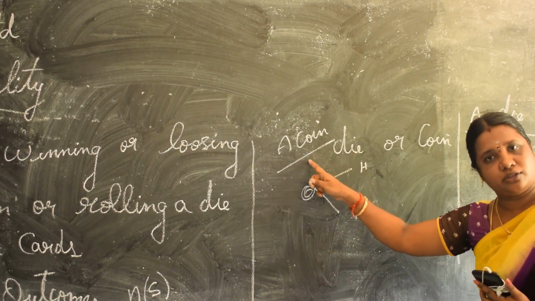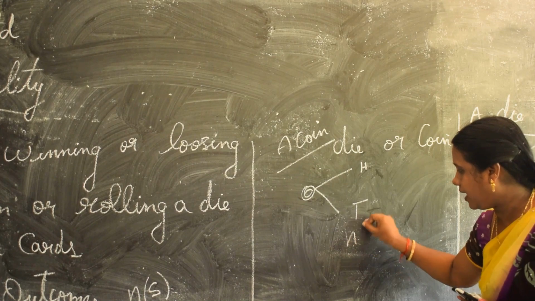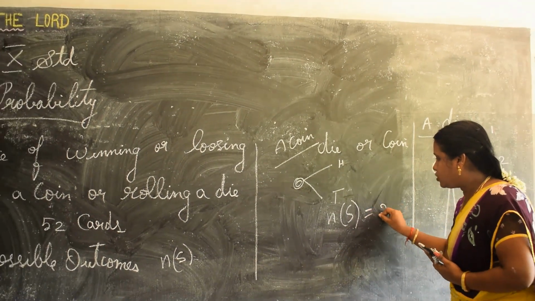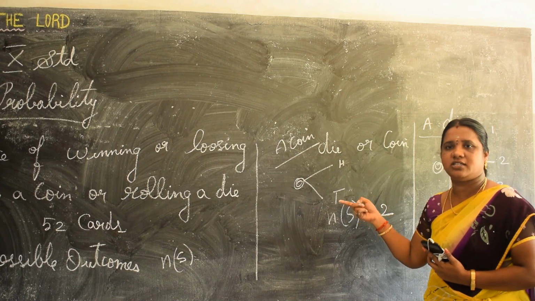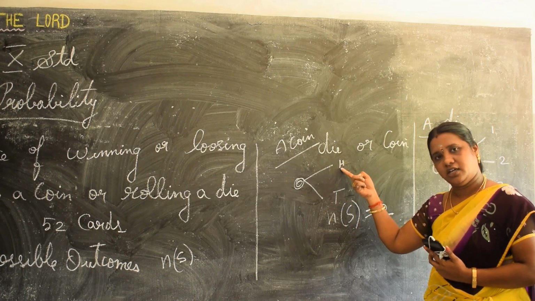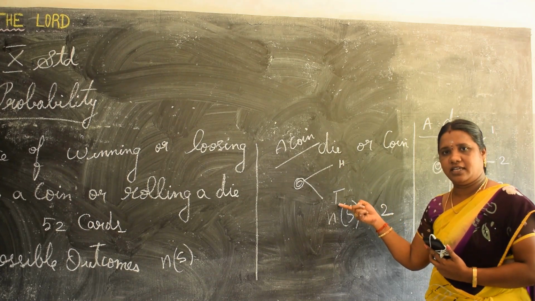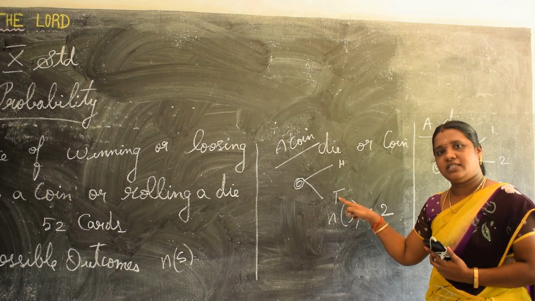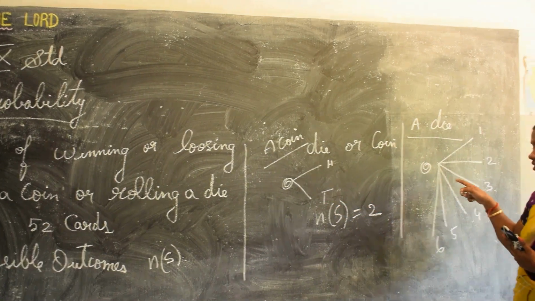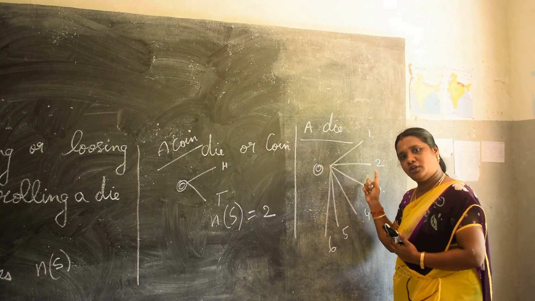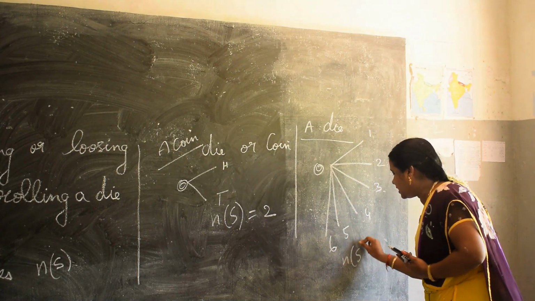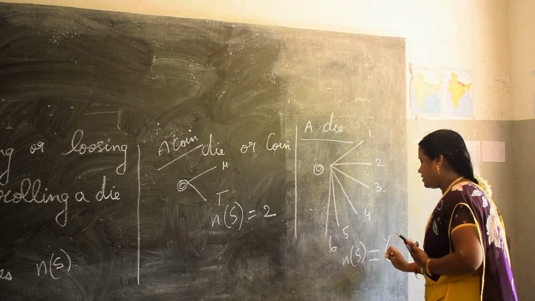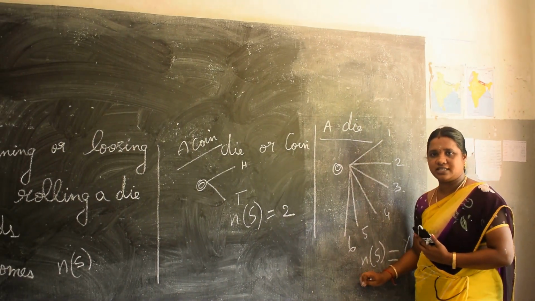One coin you throw, you will get our sample space. n(S) is 2. Only you will get head or tail. Now, what is the probability of getting head? What is the probability of getting tail? These we will see in the problems. If you throw a die, you will get 1, 2, 3, 4, 5, 6. Our possible outcomes n(S) is equal to 6. This is our sample space.